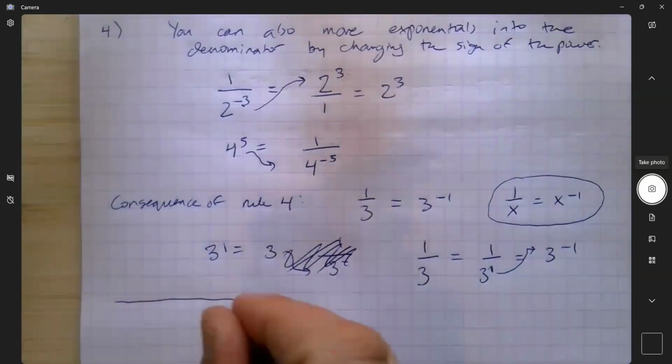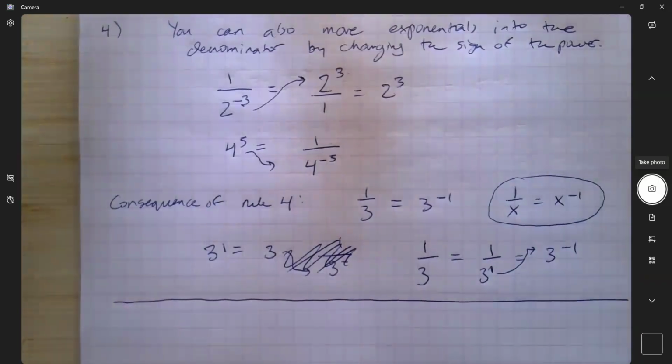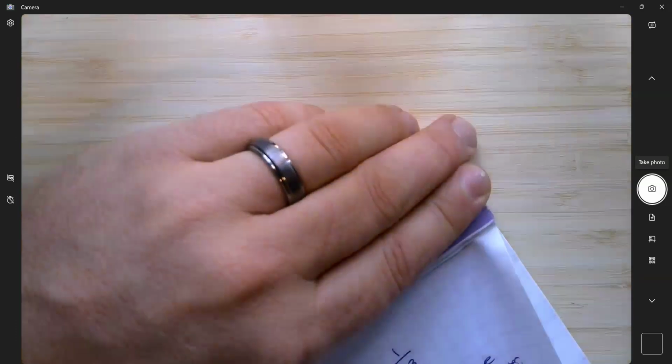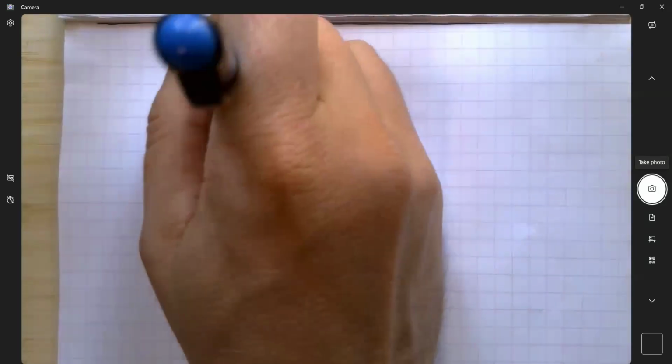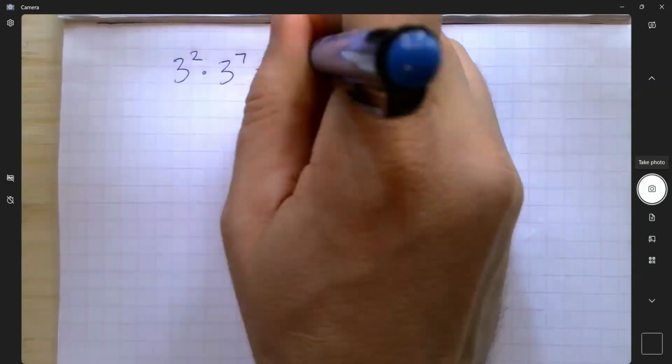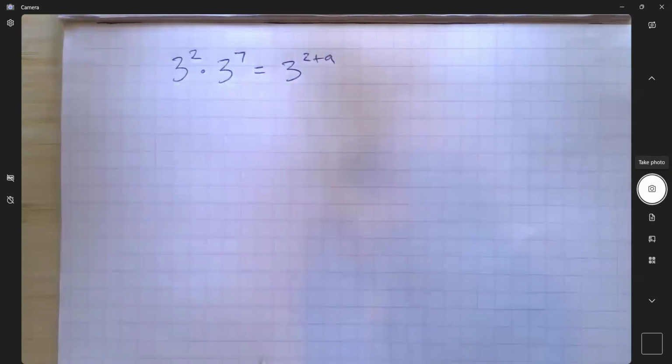All right, quick review. These aren't real new rules. I'm just going to review all 4 of these really fast before we move on to some other similar rules that also come from repeated multiplication. So same base multiplied with different powers, I add the powers.